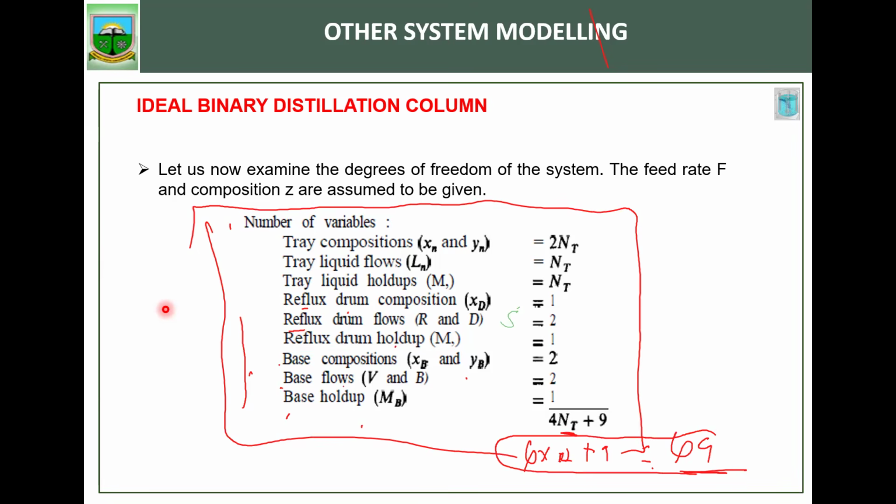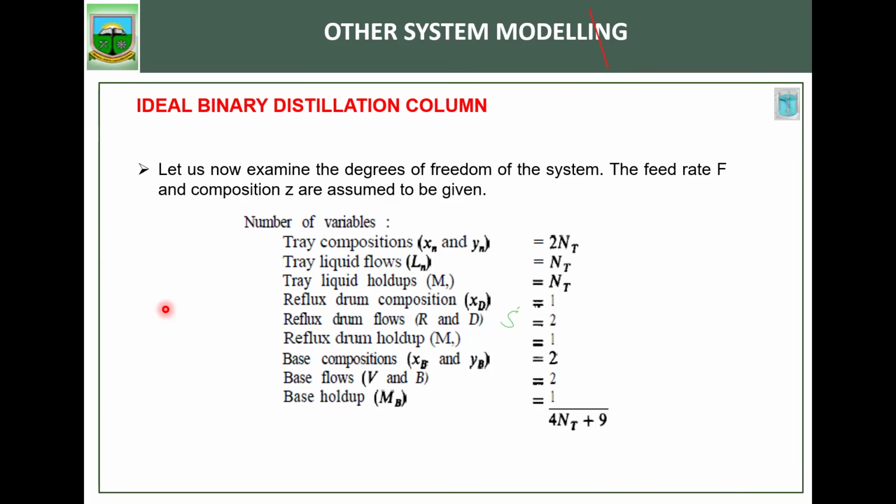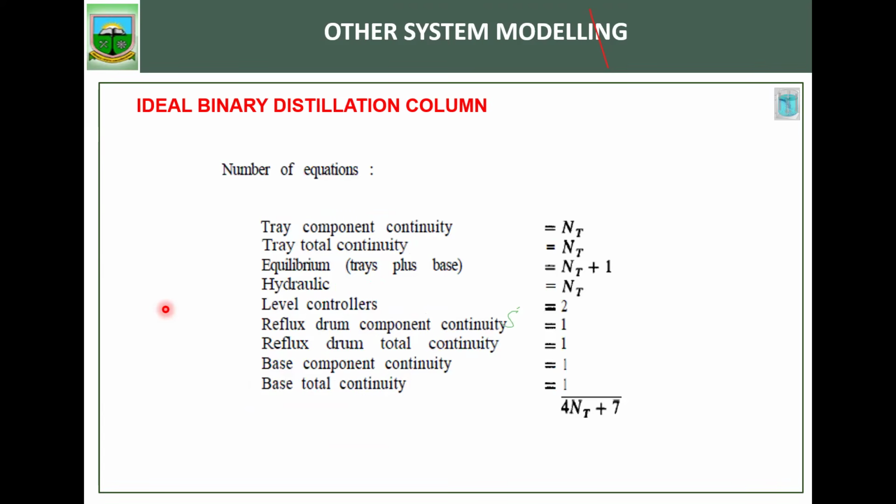In the same way, you're going to have a similar number of equations, and here you have 47. So 47 equations, you realize that we have 49 variables and 47 equations. So it does not satisfy the phase rule.